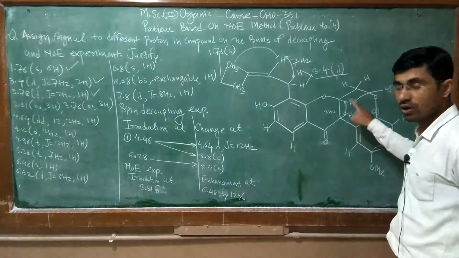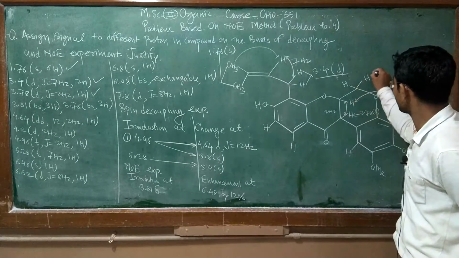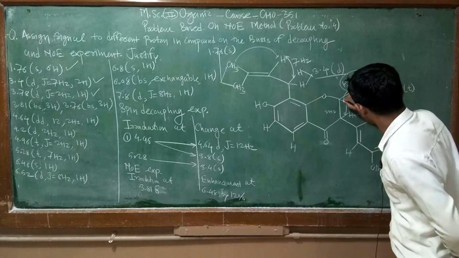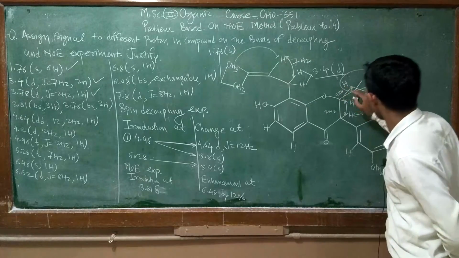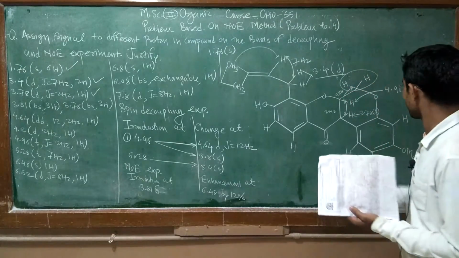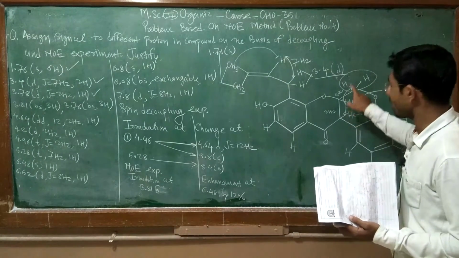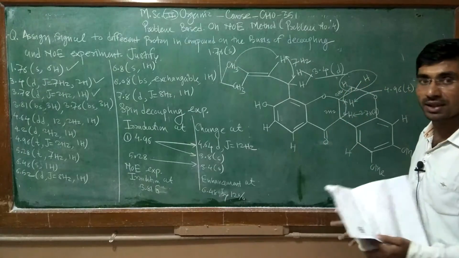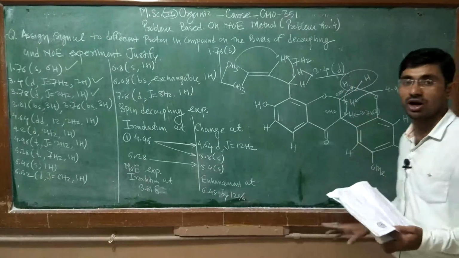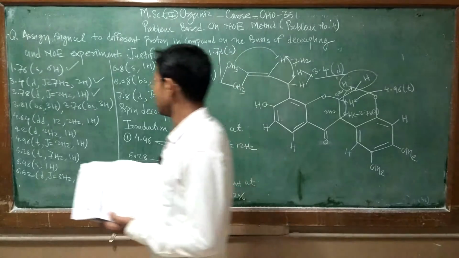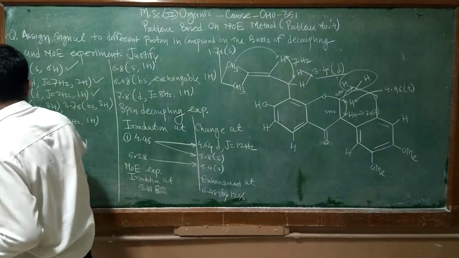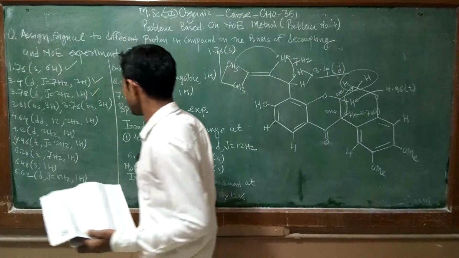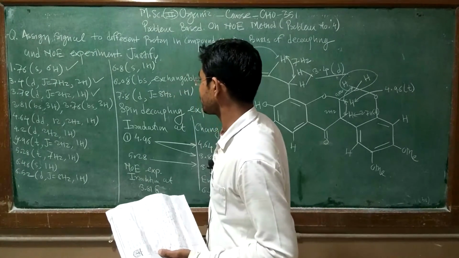Again, out of these two protons, one proton coupling is again the same. Out of the two protons, only one proton is coupled with this, and because of that we observe a triplet. Two neighboring protons, so obviously a triplet signal with equal coupling constant. So 4.96 and 3.78. In this way we can assign these two signals.